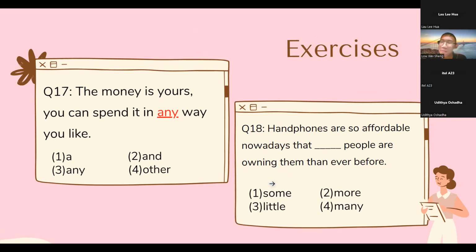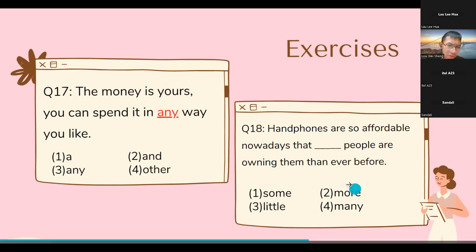Okay, then let's have someone explain why they think it's which answer. Can someone volunteer to explain why they think it's some? Okay, it's all right. Can someone volunteer to explain why they think it's more?